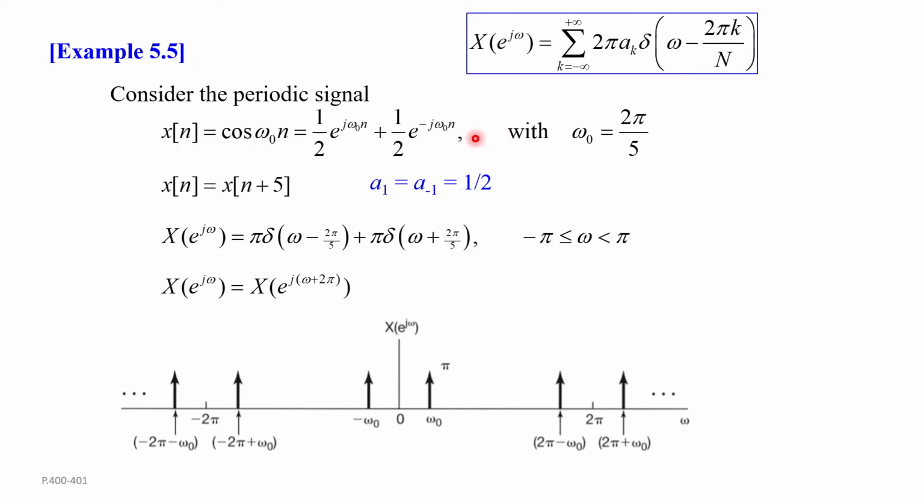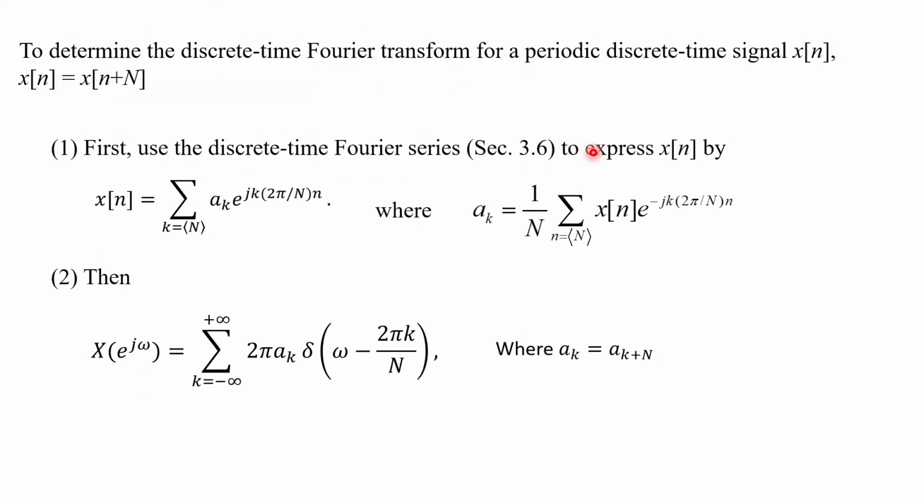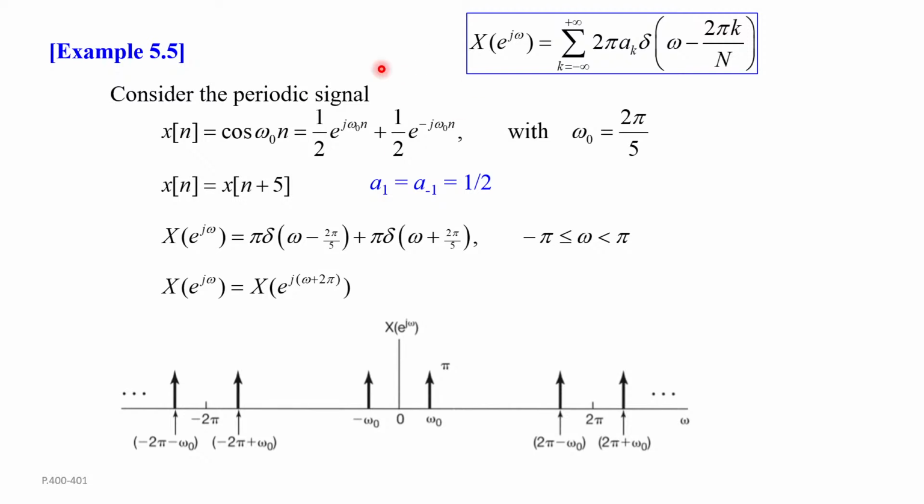Here the Fourier series is super easy. You don't even need to do the summation. You just look at this, and it's already in Fourier series form. So from here you can read that there is an a_1 and an a_minus 1, and the coefficients are 1 over 2 and 1 over 2.